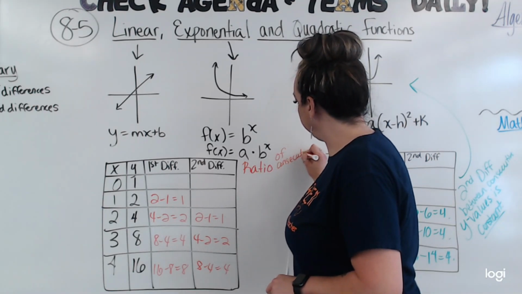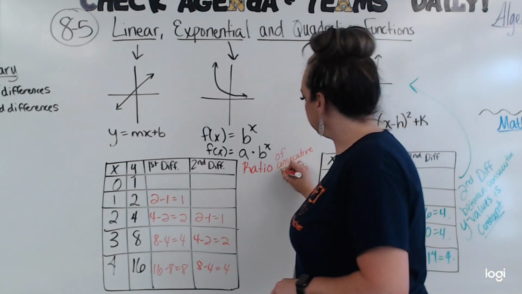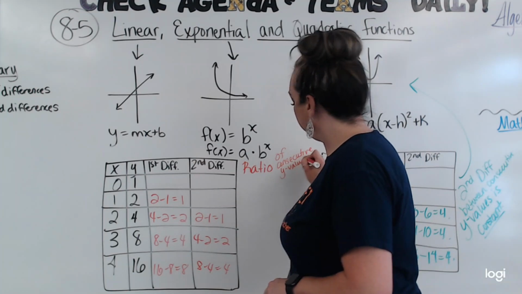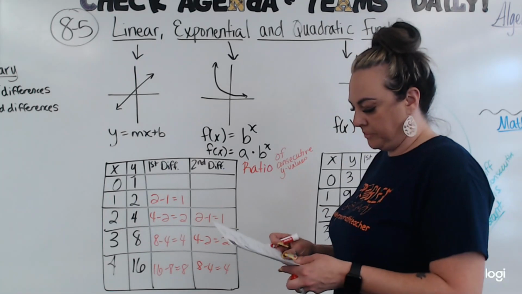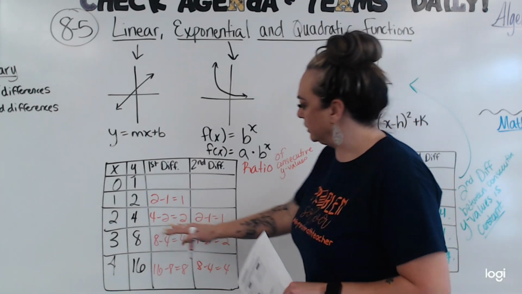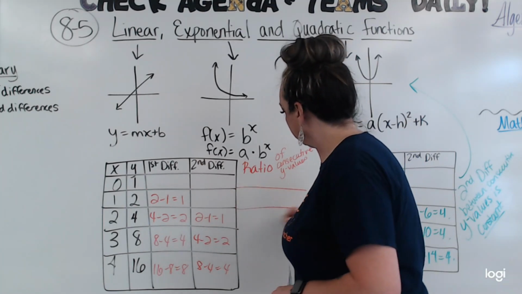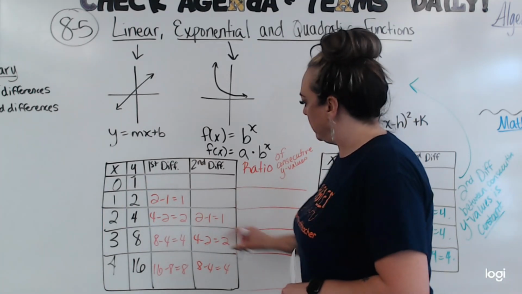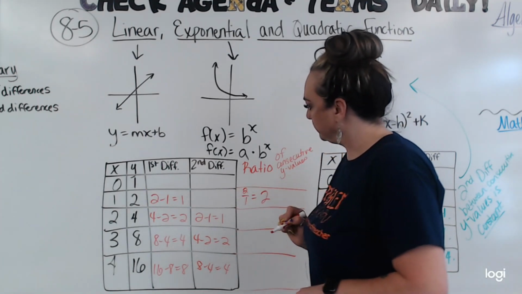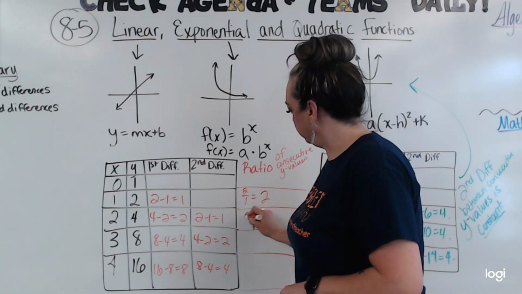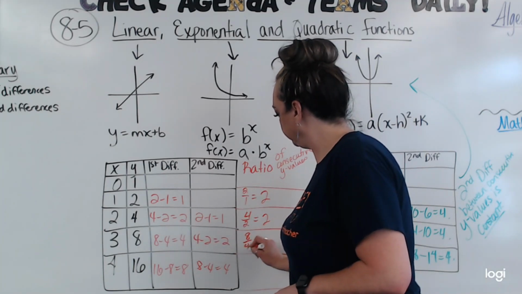So instead of just the difference, we're going to look at the ratio. 2 divided by 1 is 2. 4 divided by 2 is 2. 8 divided by 4 is 2.